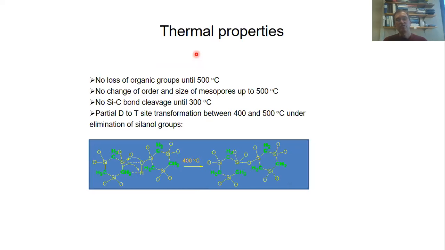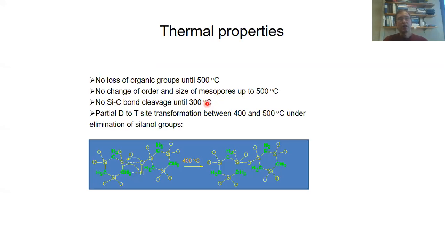So when you investigate the thermal properties of this material more closely, then you can see by thermogravimetry investigations that there is no loss of organic groups up to a temperature of 500 degrees Celsius, and there is no change of order and size of mesopores up to 500 degrees Celsius. But the silicon-carbon bond cleaves already at a temperature of 300 degrees Celsius.